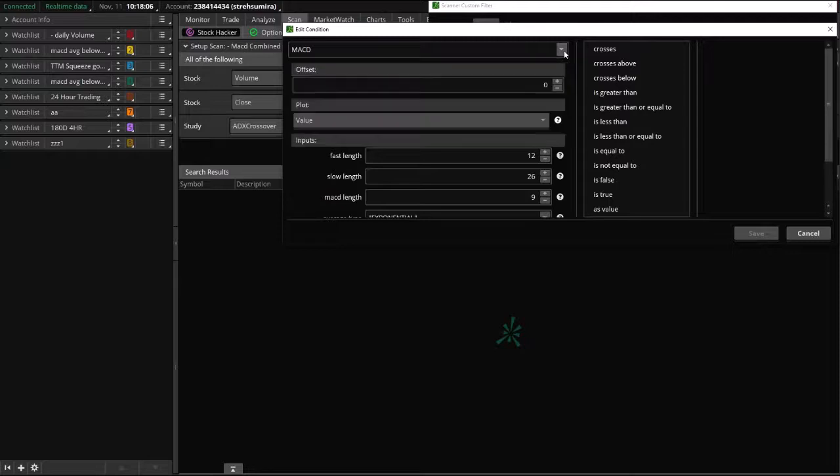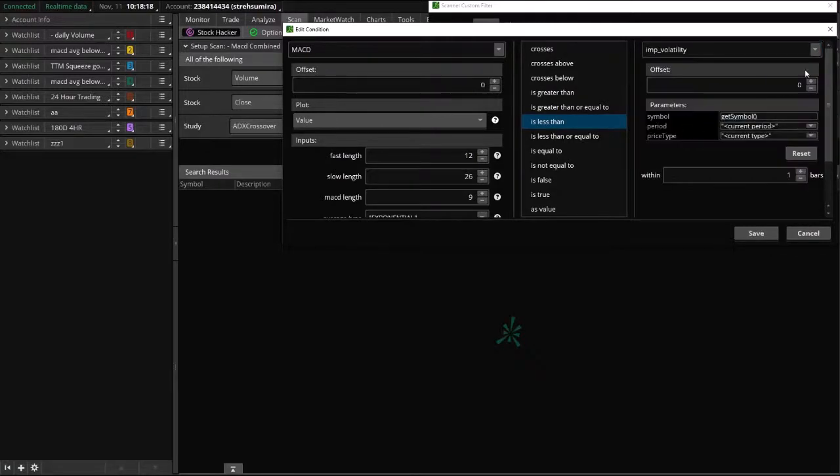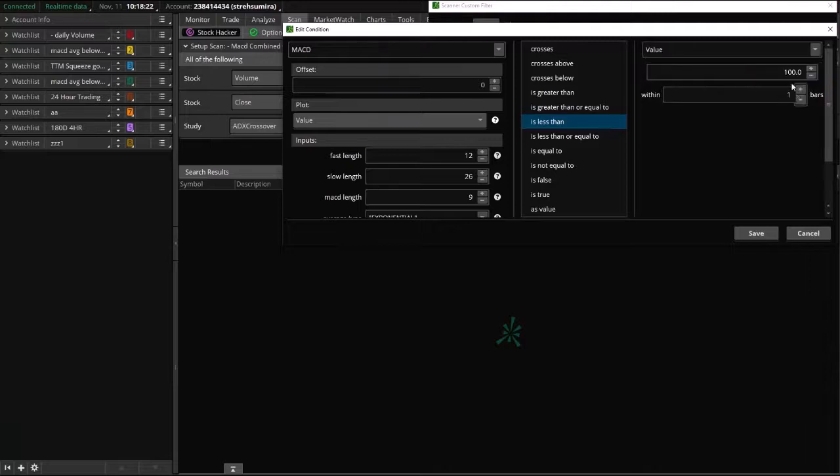So actually, we want the MACD value to be less than... I'm just going to choose one of these so I can get back to the main screen, and we want it to be value. So the value is 0 because we want it to be below the 0 line for the crossover. As long as the value line is below 0, that crossover is going to be taking place below 0.